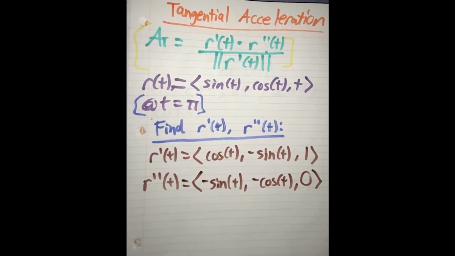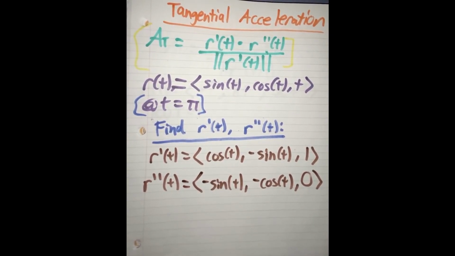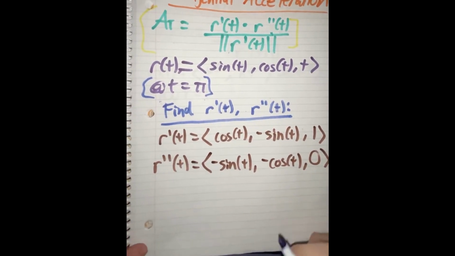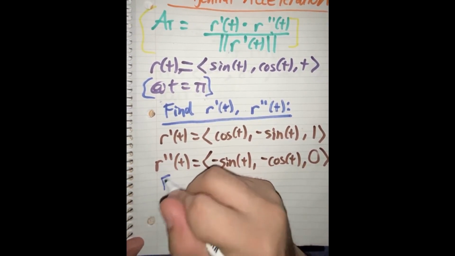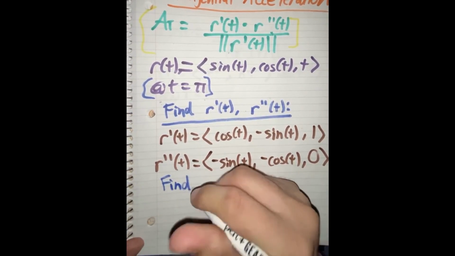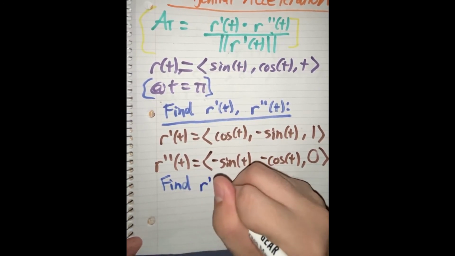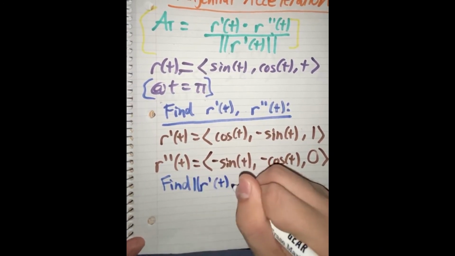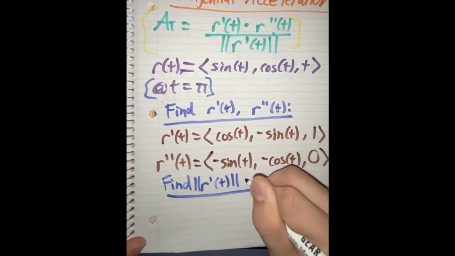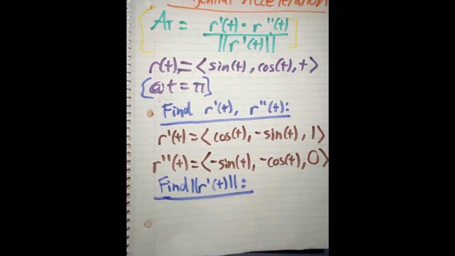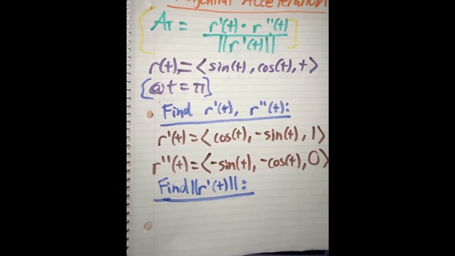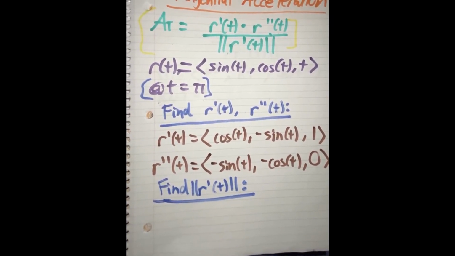Now the next step is we're going to find the magnitude of r prime of t. So we square the terms, add them together, and take the square root.